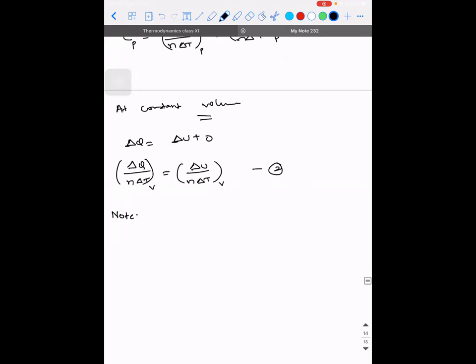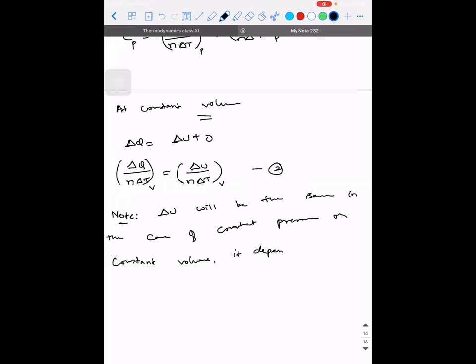Here, an important note to be made is delta U will be the same in the case of constant pressure or constant volume. It depends only on temperature.